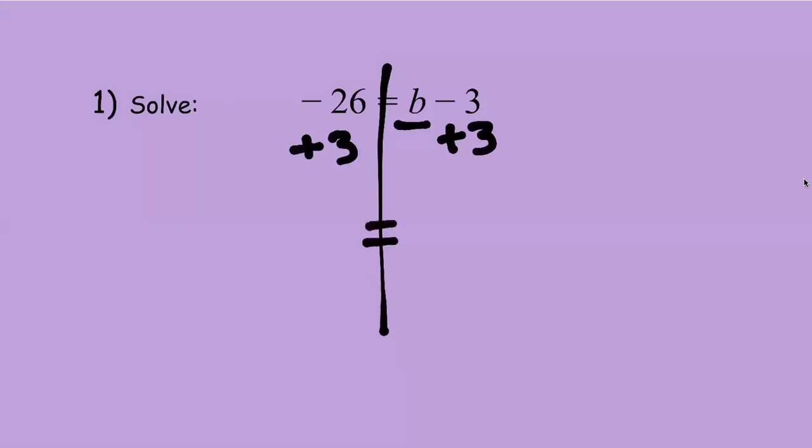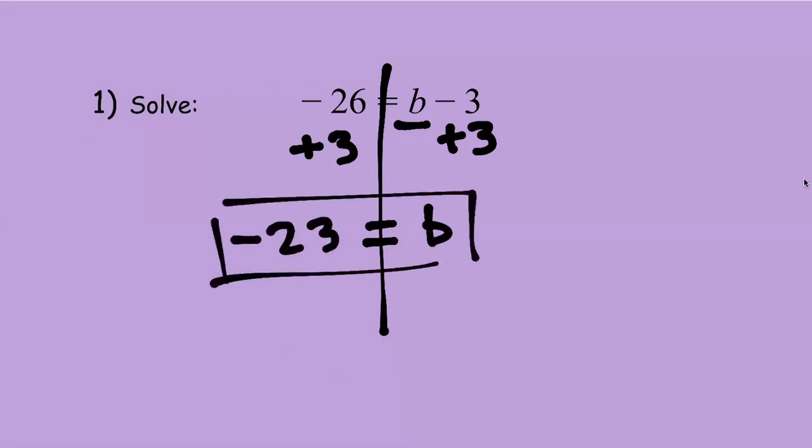That gives us b on the right side, and on the left side, negative 23. And if we plug that in, negative 23 minus 3 is negative 26. So it works.